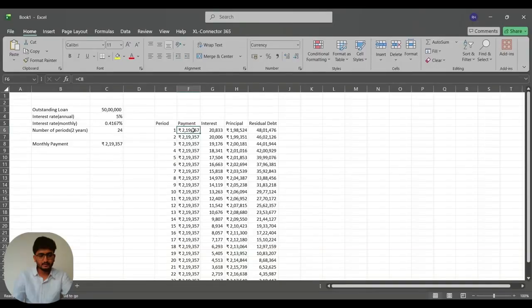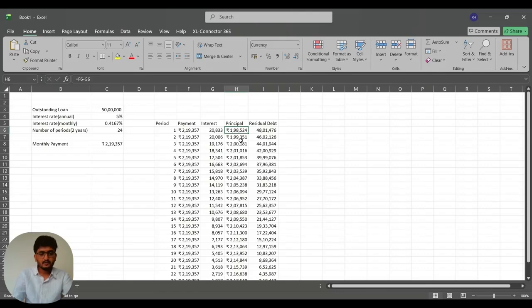When we subtract the interest from the payment, 2,19,357 minus 20,833, the principal amount we pay to the bank is 1,98,523 rupees.